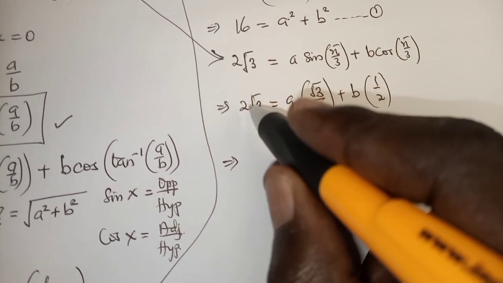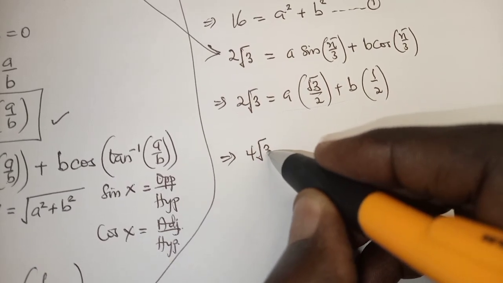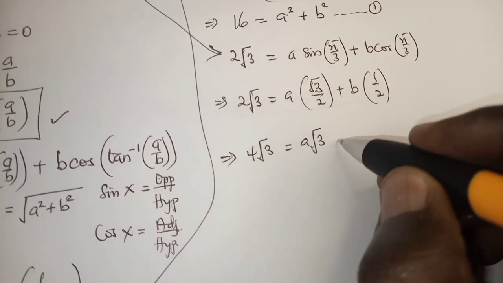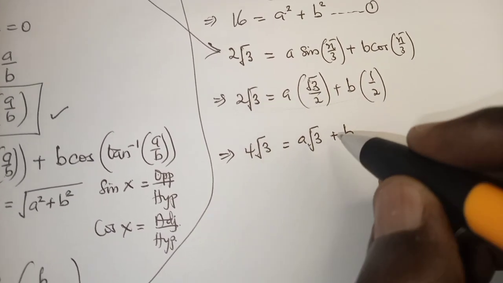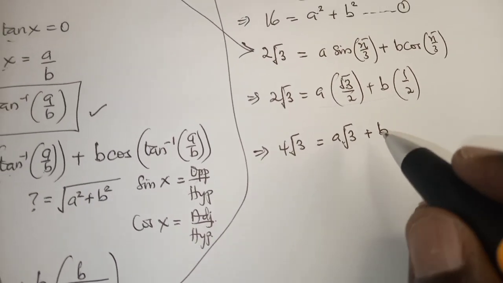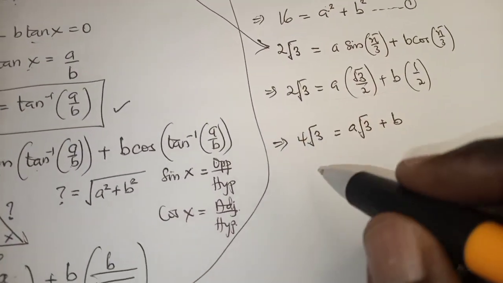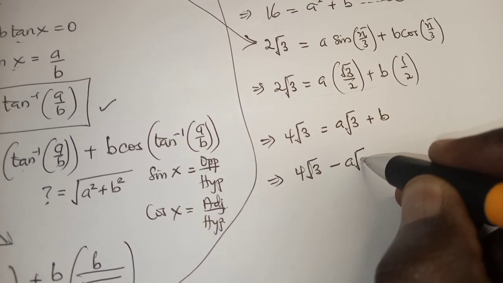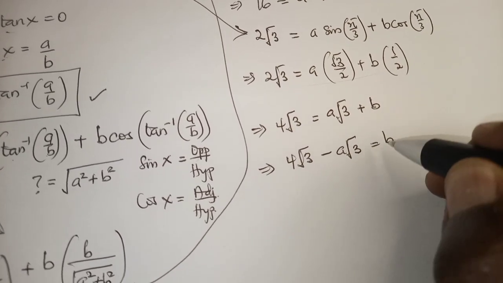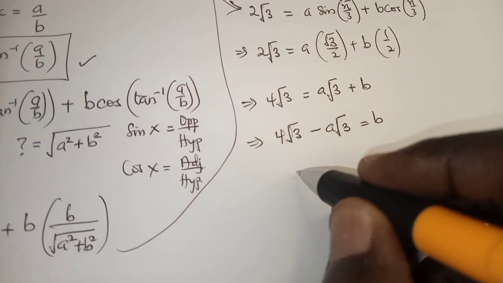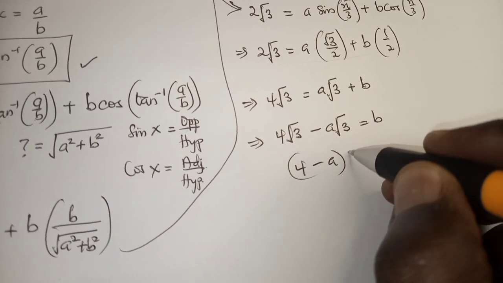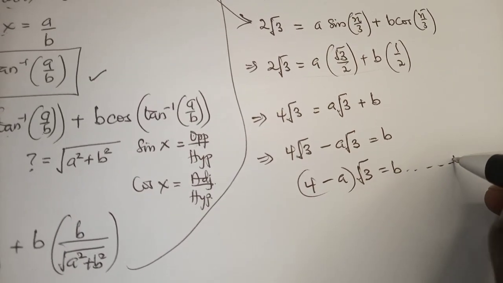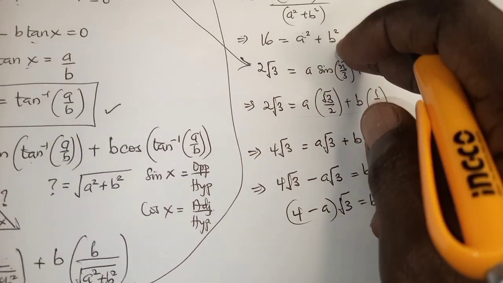So 2 times this, you get 4 root 3 equals a root 3 plus b, making b the subject so that it should be easier to substitute in the above. So we have 4 root 3 minus a root 3 equals b. We factor out root 3, so you have 4 minus a, all multiplied by root 3, equals b, and this will be equation 2. You put this into the above.